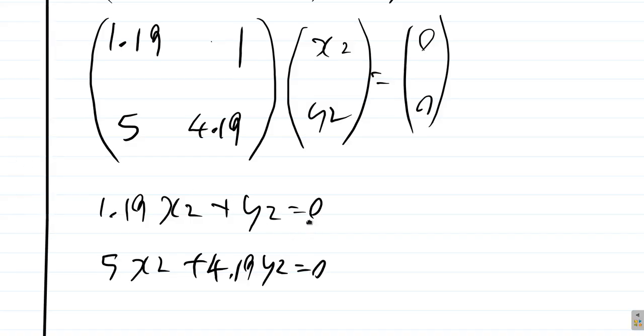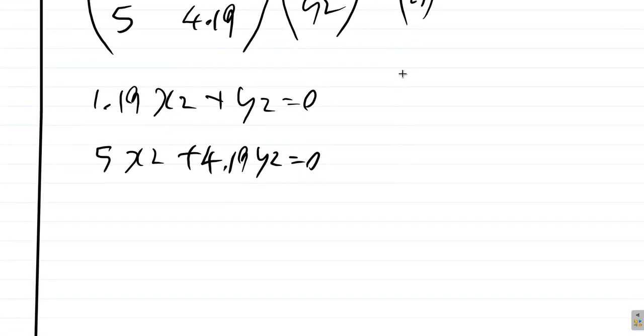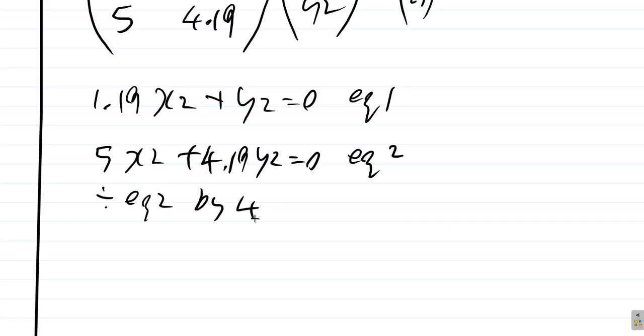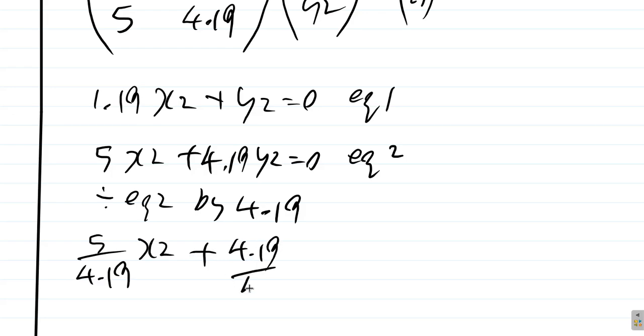Now we want to ensure that they are the same equation, so we have equation 1 and equation 2. Suppose we divide equation 2 by 4.19. We're going to have 5 over 4.19 x2 plus 4.19 over 4.19 y2 equals 0.